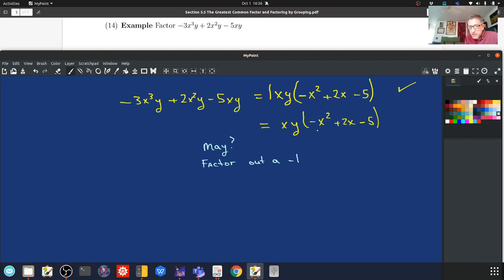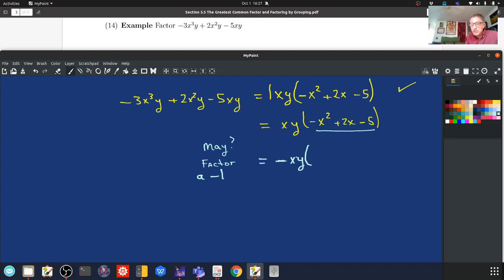So to factor out a minus 1, let me erase this here because I'm going to be writing over it. So factor out a negative 1. Factoring out a 1 is nothing. I'm going to factor out a minus 1. So I'm going to take that minus and put it in front of my xy.